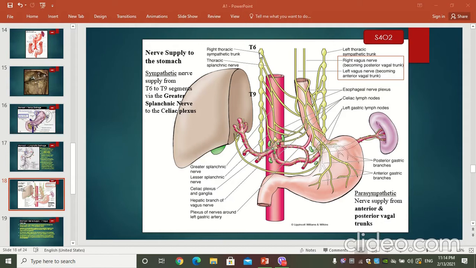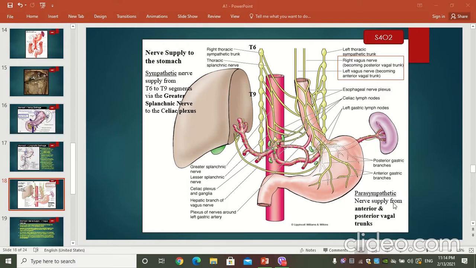The nerve arises via the greater splanchnic nerve to the celiac plexus. This is the celiac plexus around the celiac trunk, through the greater splanchnic nerve.